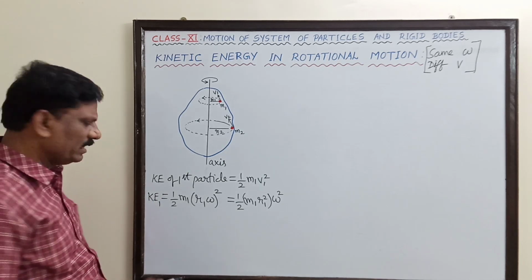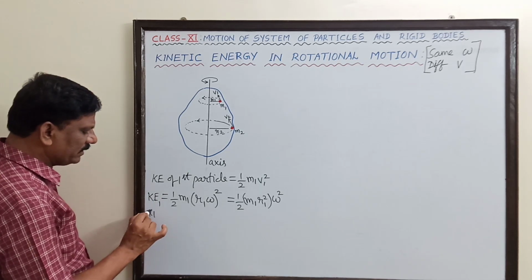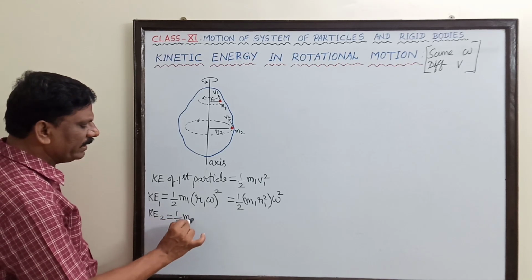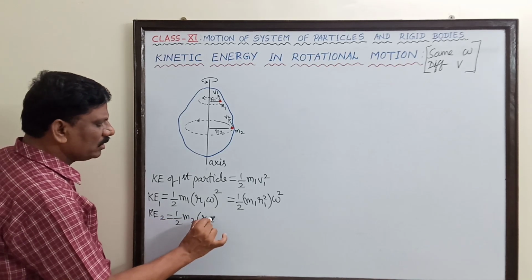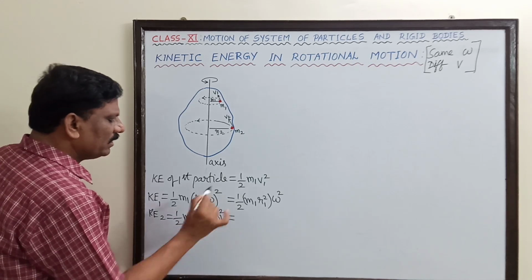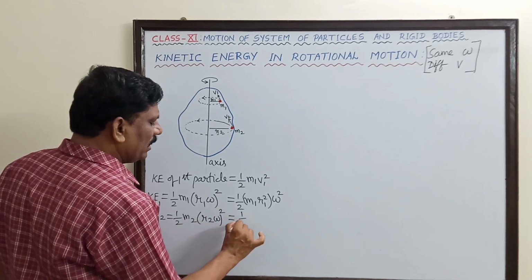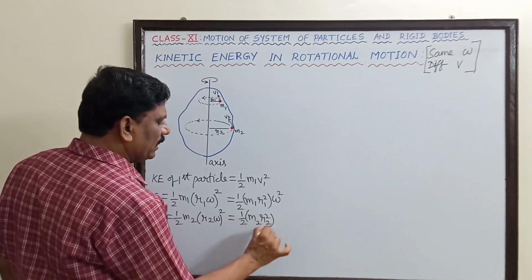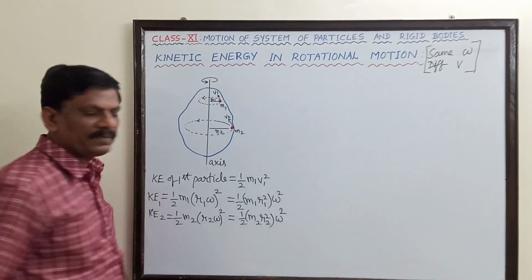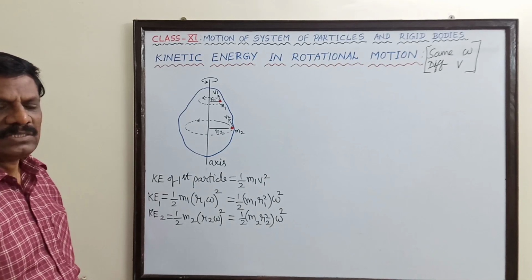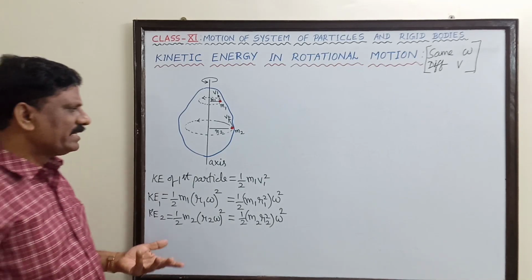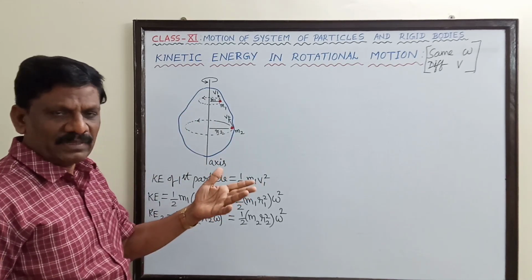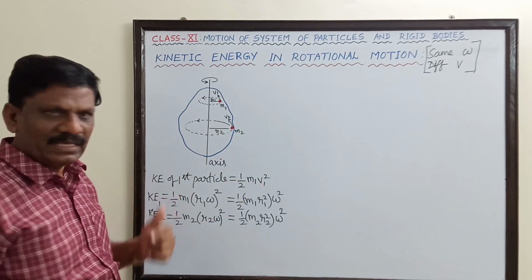In the same way, if you find the kinetic energy of the second particle, it must be half into m2 into r2 omega the whole square, so that is equal to half into m2 r2 square into omega square. Now randomly, I will take one particle at a distance ri, so that its mass is mi.